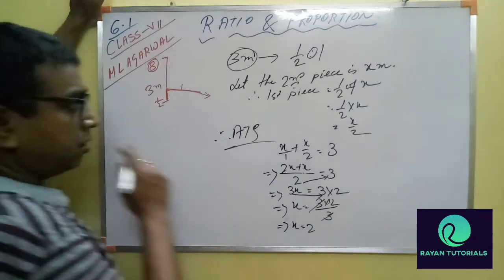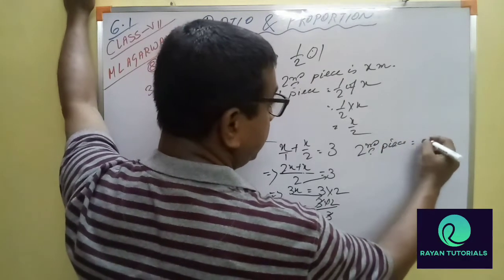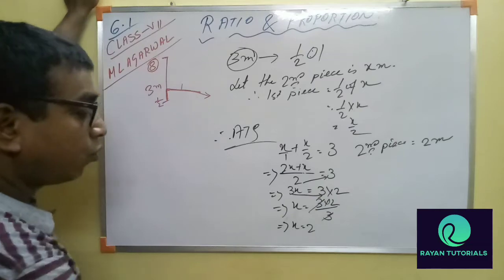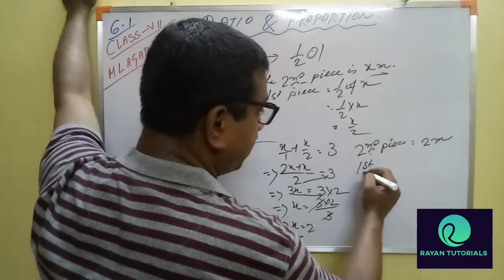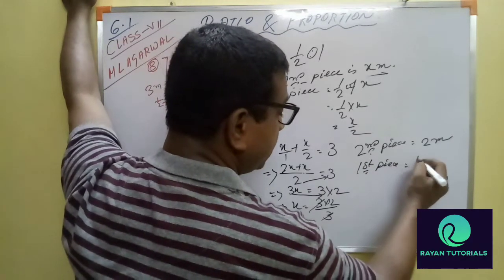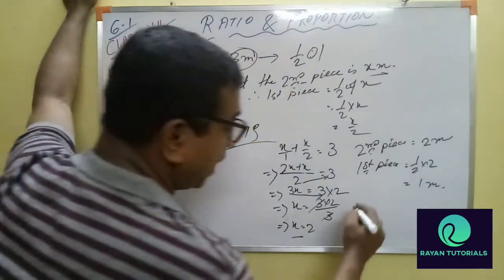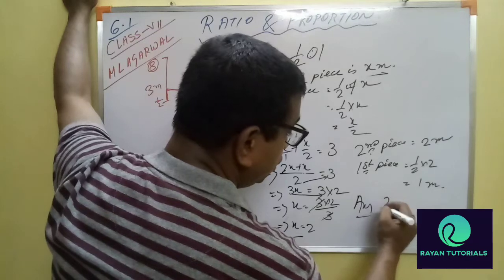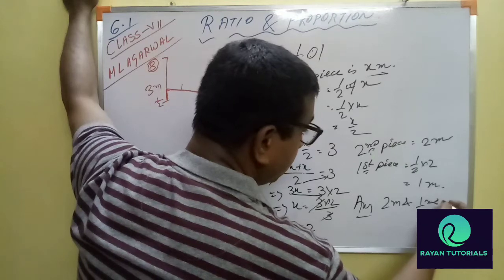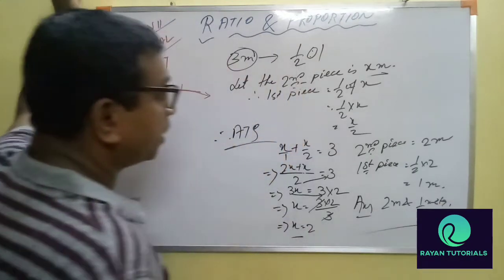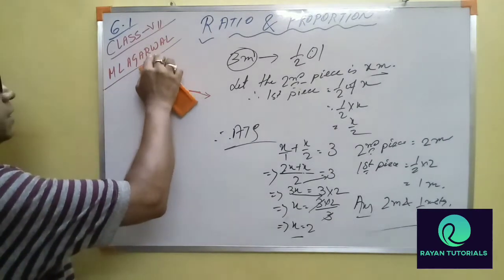That means my second piece is 2 meter. What was x? The second piece. So what will be my first piece? It is half of 2, that means 1 meter. Therefore my answer will be 2 meter and 1 meter. Clear? Okay. Next.